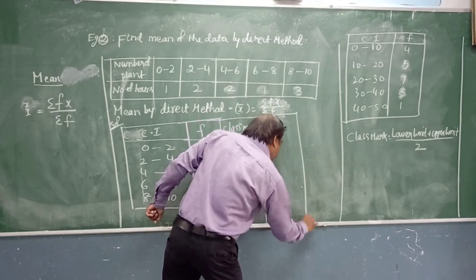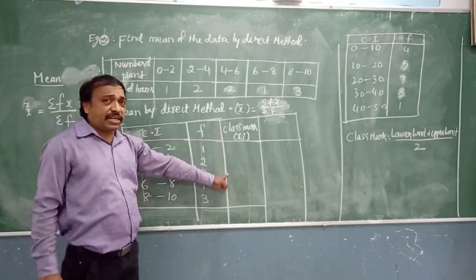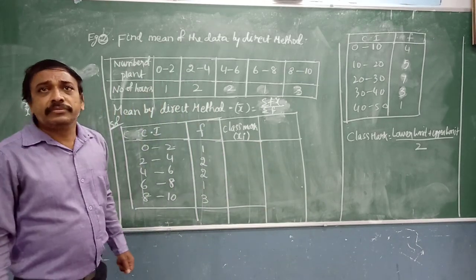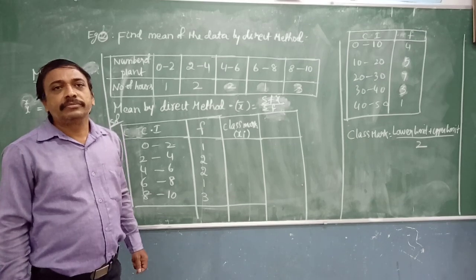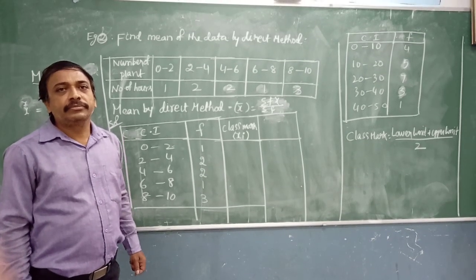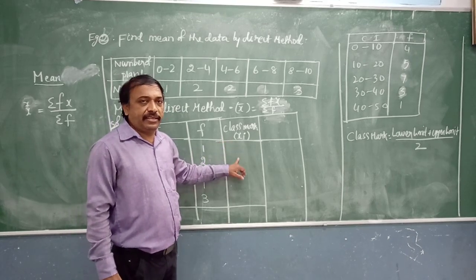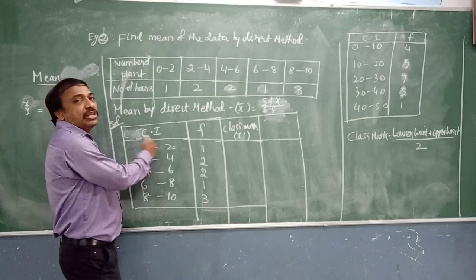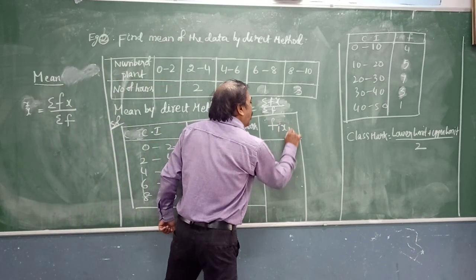Now one more column, that is class mark, and then fx. Class mark xi means the mid value of each class interval, which we write here, and this is fi xi, or you can write fx.